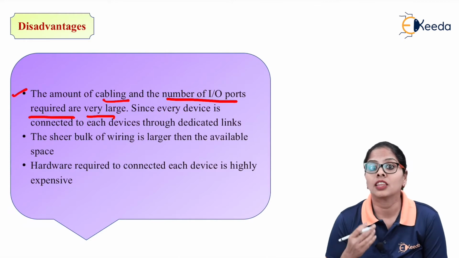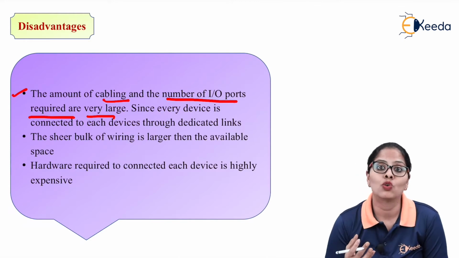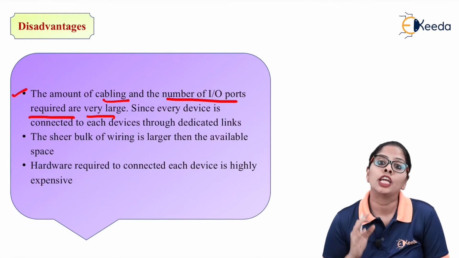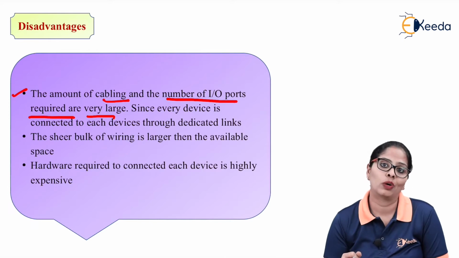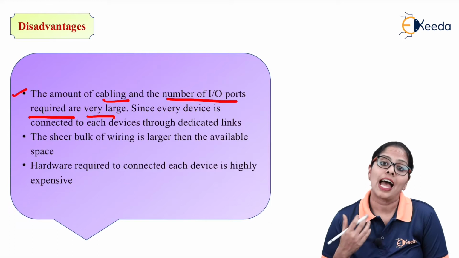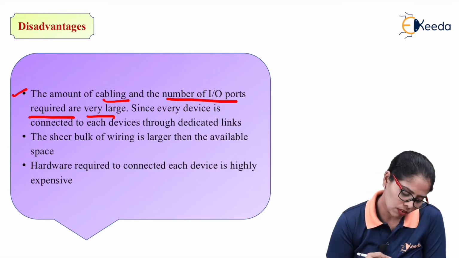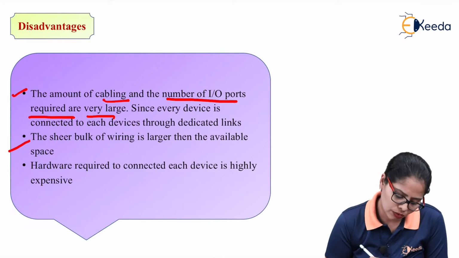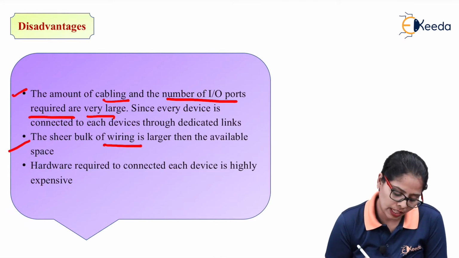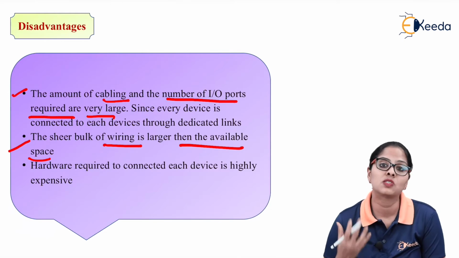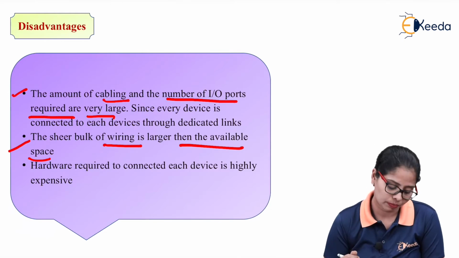Meaning if there are 1,000 hosts, then 1,000 minus 1, that is 999 input and output ports are required. Because of that, there will be a huge amount of cabling as well as a huge number of input and output ports. The sheer bulk of wiring is large, and because of the cabling, the available space will be very little.